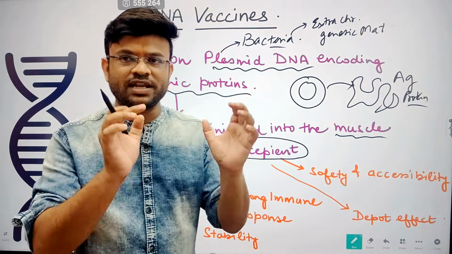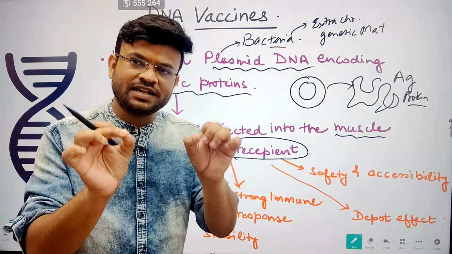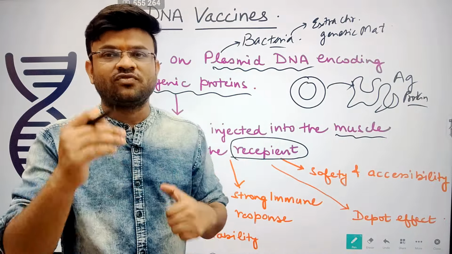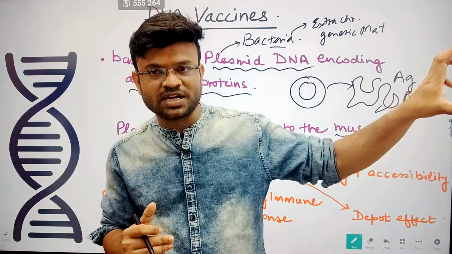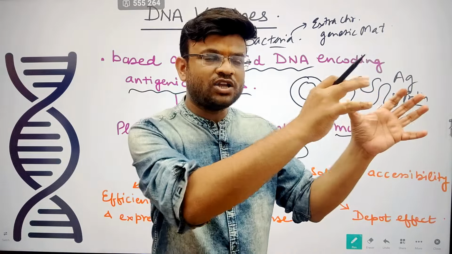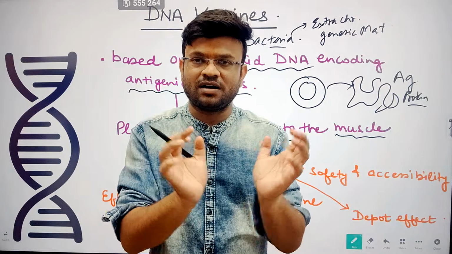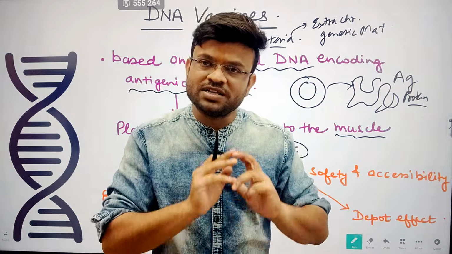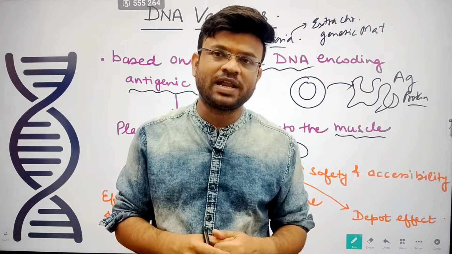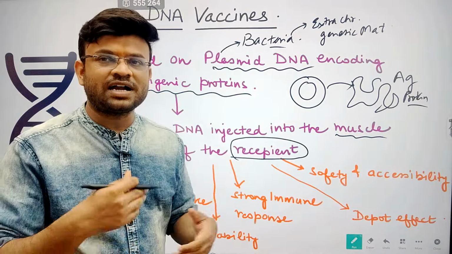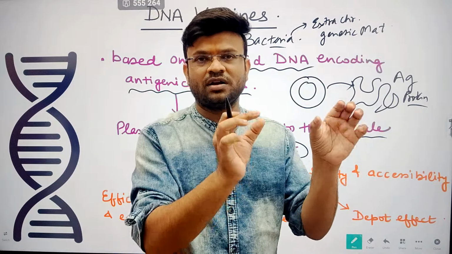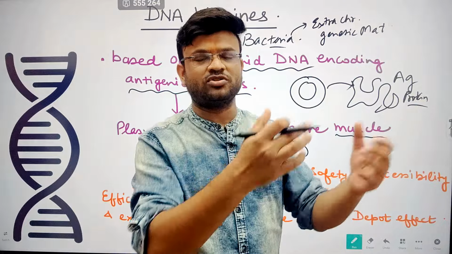I will use a DNA plasmid and make sure that it codes for the antigenic proteins present in that particular pathogen, let us say pathogen X. When you take that plasmid and inject it into the muscles of the human being, the human being will start developing a response against that particular protein that is being projected.